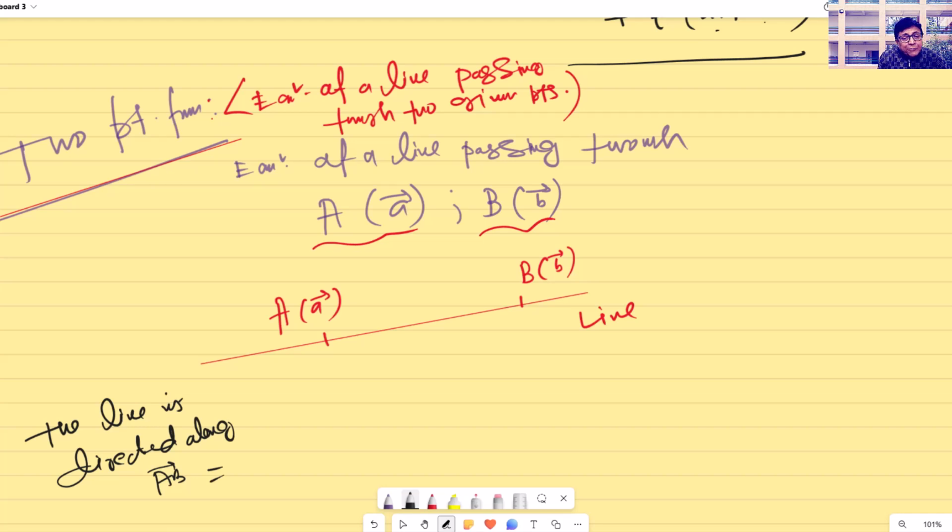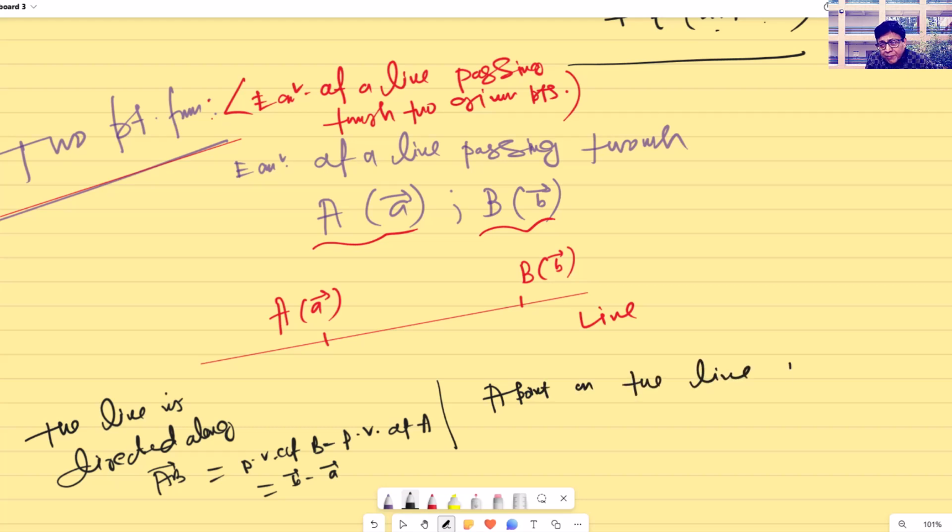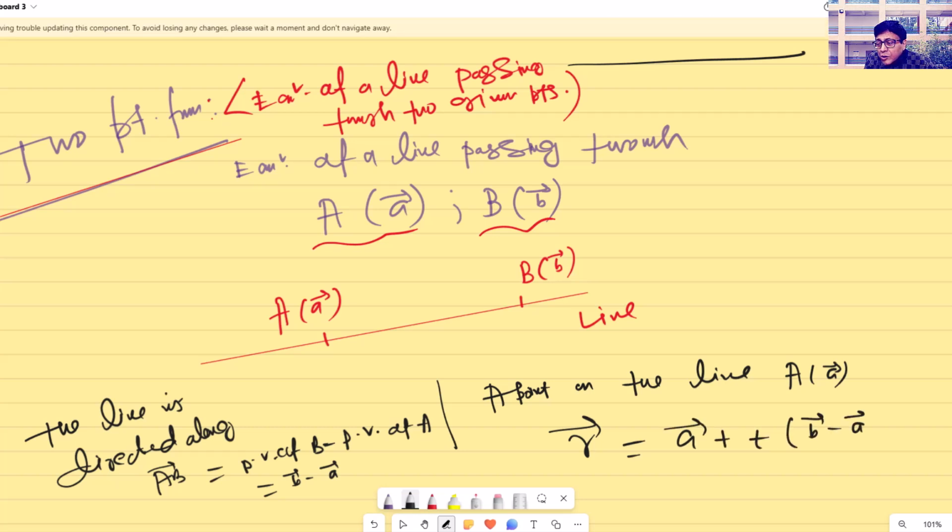Position vector of B minus position vector of A. Since the line is directed along B minus A, the point on the line which we need for the 1-point form, you can take any one of them, A or B. So the line will be what? R equal to A, the known point, plus t into (B minus A). No other vector is required, only 2 points are enough.